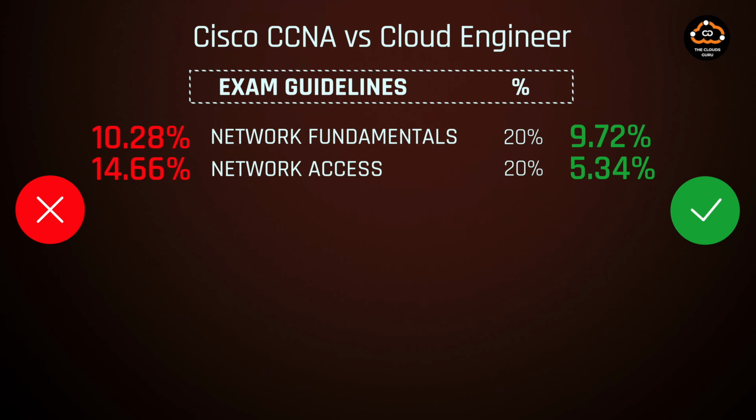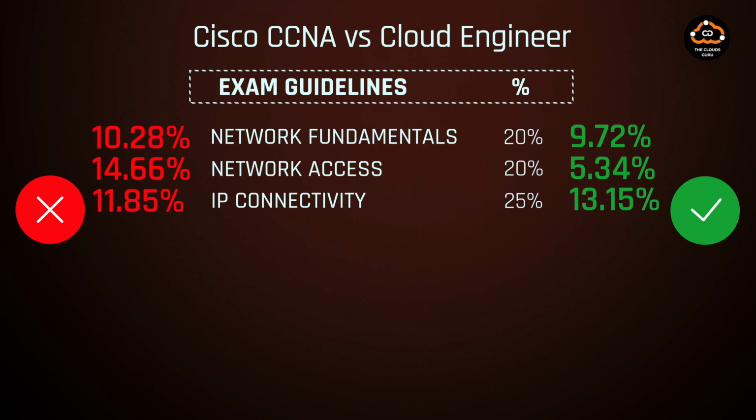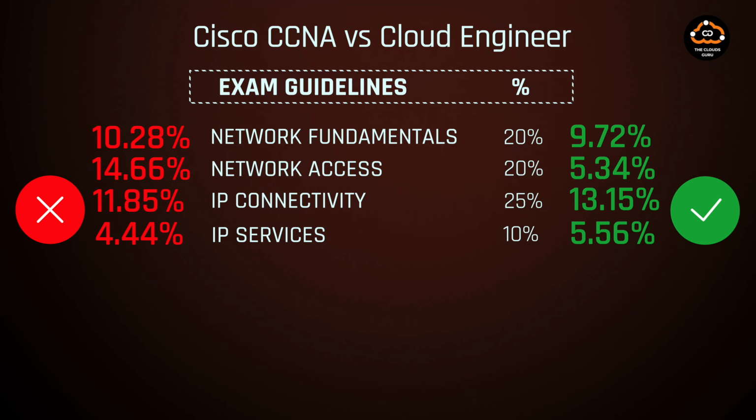Next category is IP connectivity that constitutes 25% of the entire exam, has 11.85% helpful to Cisco engineers and not for cloud engineers since it has only 13.15% beneficial topics. For IP services, it constitutes 10% of the exam and has 4.44% not relevant for cloud engineers but has 5.56%.